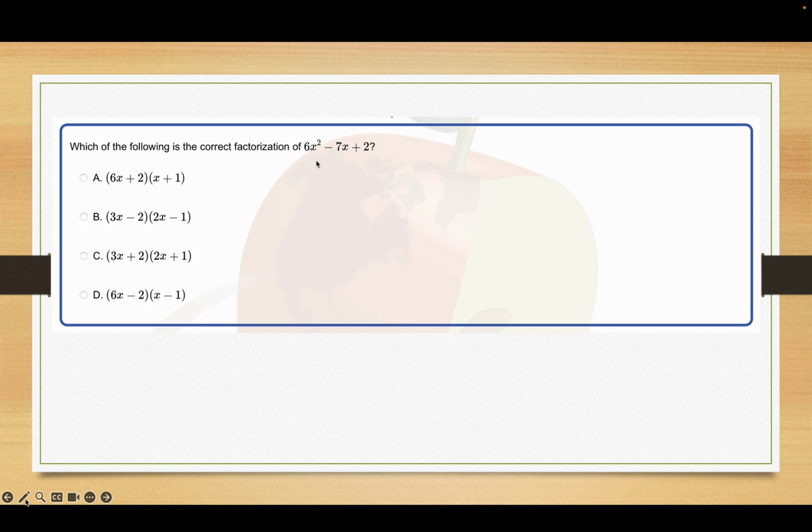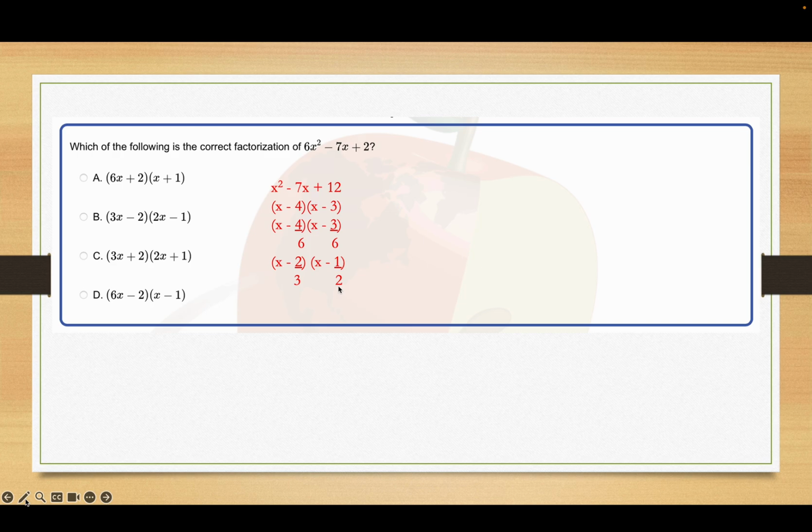There is none. So I'm going to multiply the lead coefficient by the last term, and that gives me x squared minus 7x plus 12, right? Because 6 times 2 is 12. Factor that, x minus 4 times x minus 3. But now I have to remember to go back in and divide by 6. That's what I'm doing here. Then reduce each fraction, and I get x minus 2/3 and x minus 1/2.